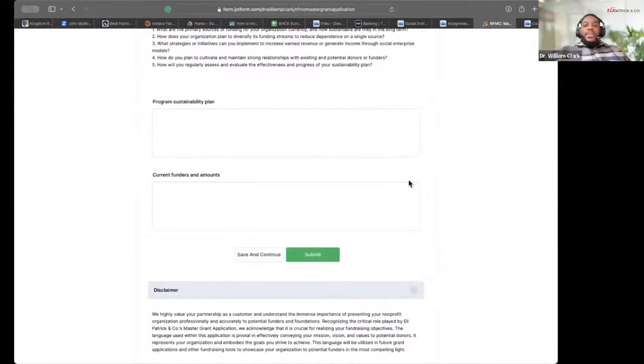Because tapping into multi-year funding is an increasing enigma for organizations. 2 year, 3 year funding. If you're able to secure 2 year, 3 year funding opportunities, that is a projection.